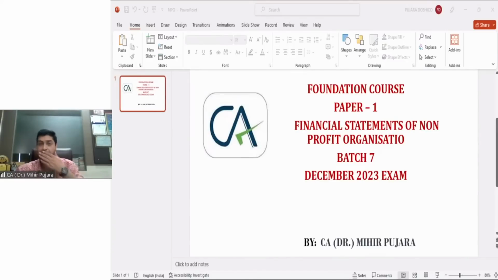As the name suggests, these are organizations the purpose of which is not to earn profit but to provide welfare, to provide facilities either free of cost or for a very negligible amount, to poor or economically backward people, or to society as a whole for education purpose or religious purpose, for the members or public at large.